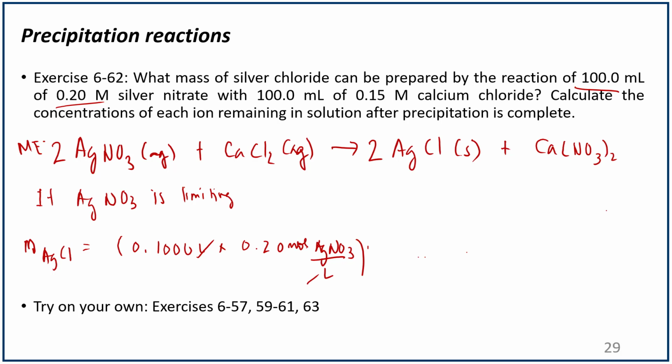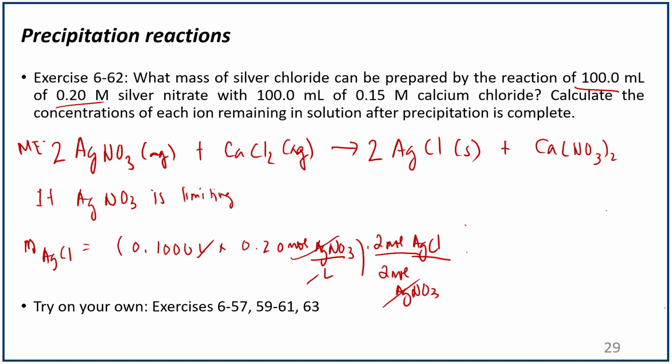Then we have to convert that into moles of silver chloride, so that will be 2 moles of silver nitrate, and here we put 2 moles of silver chloride. These terms will cancel out as well.